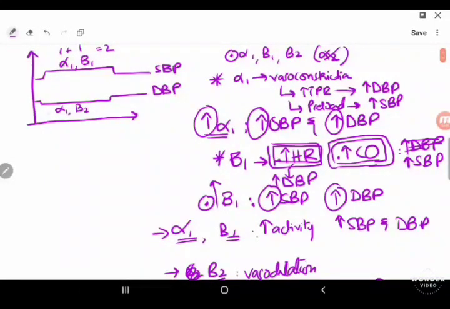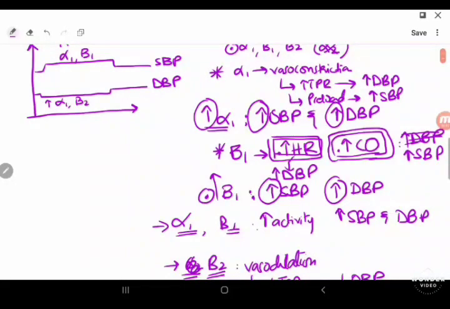If alpha 1 increases, it will increase the diastolic blood pressure, whereas if beta 2 increases, it's going to decrease the diastolic blood pressure. So both of these go against each other. For example, minus 1 and plus 1 is equal to 0. If they're exactly equal to each other, then they will cancel out the effect on the diastolic blood pressure.